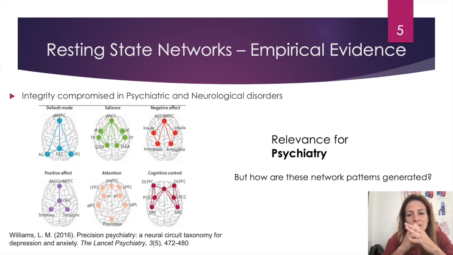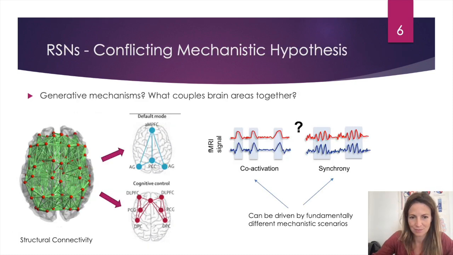They nicely link to the patterns that are found in the brain at rest, not directly, but with some overlap. And the question is, if we understand better how these patterns are generated, where they come from, we may be able to help in the rebalancing of these networks that seem to be disrupted in psychiatry.